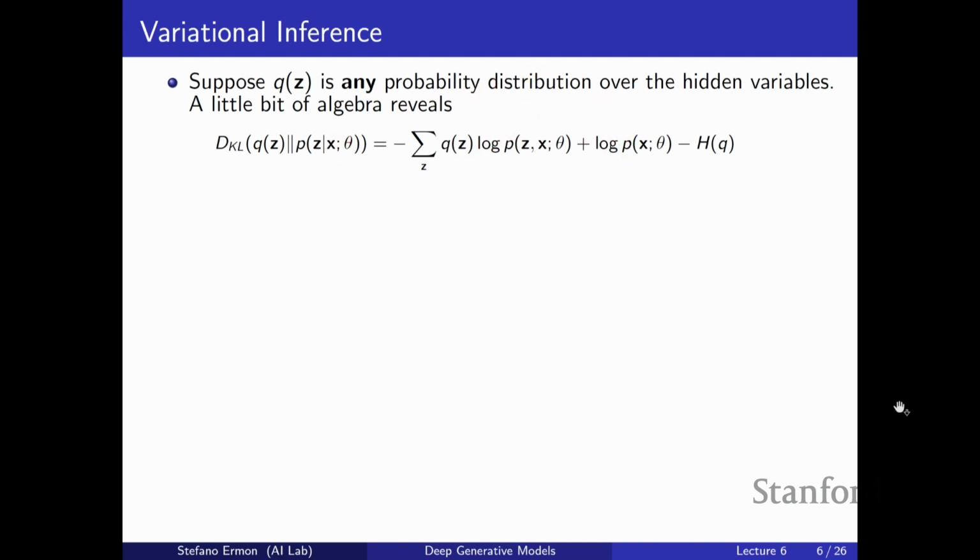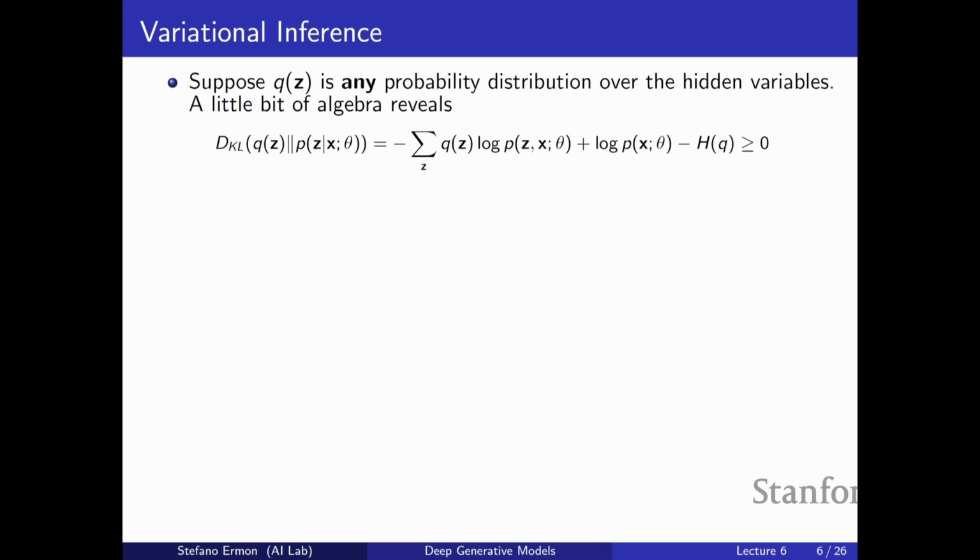So we see several pieces. We have the log probability of X, the marginal likelihood, the thing we care about. We have the entropy of Q, and then we have this average log joint probability over a fully observed data point. The same pieces we had before.